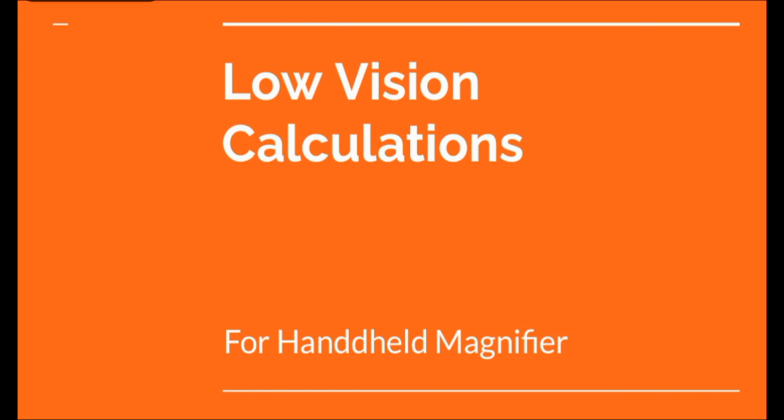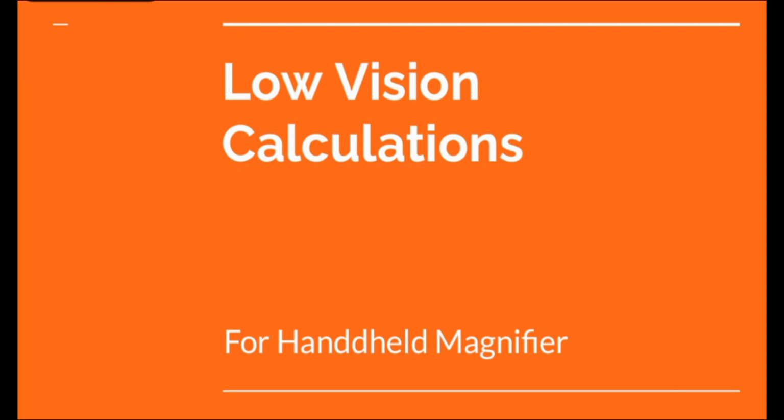It's the same as prescribing lenses, the spherical correction or glasses prescription, to the patient. Similarly, we have the powers of magnifiers and telescopes, and according to those powers you prescribe the patient the magnifier or the low vision aid.